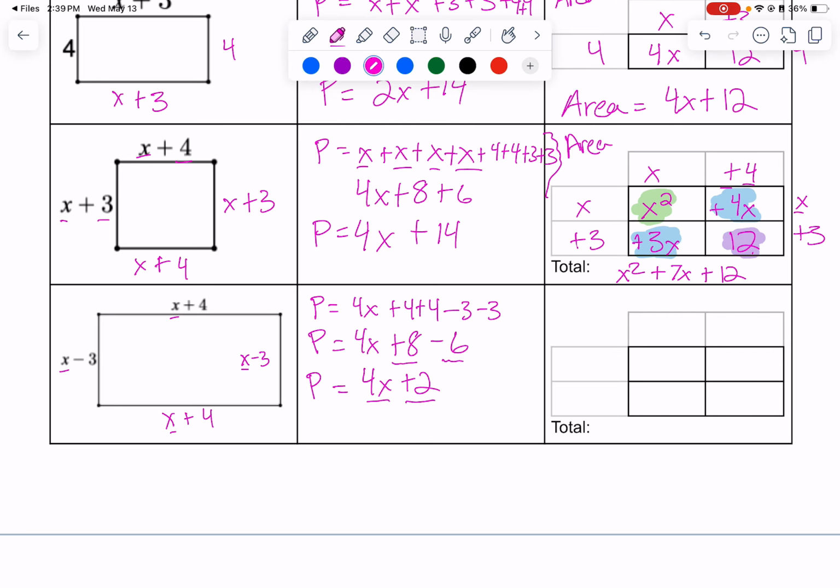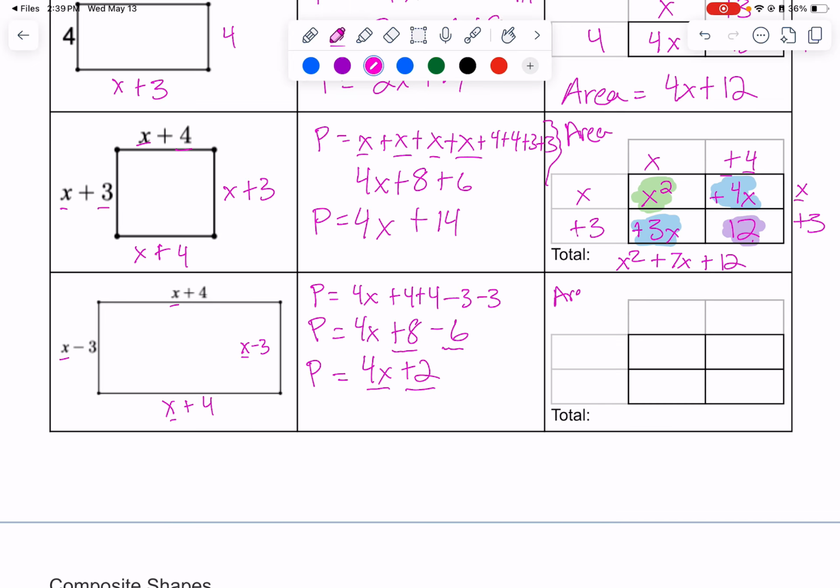Okay, for my area, I'm going to write down these numbers. I'll put an x and then a -3, and then I'll have an x and then a +4. When I do my top left corner, that's going to become x squared from x times x. My top right corner is 4 times the height of x, so that's +4x.